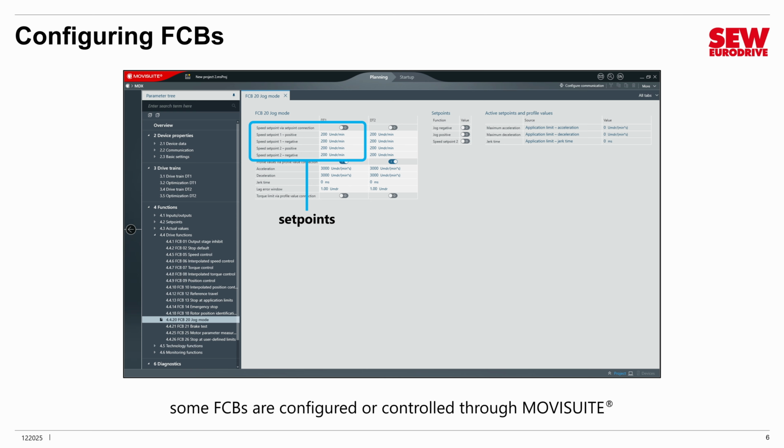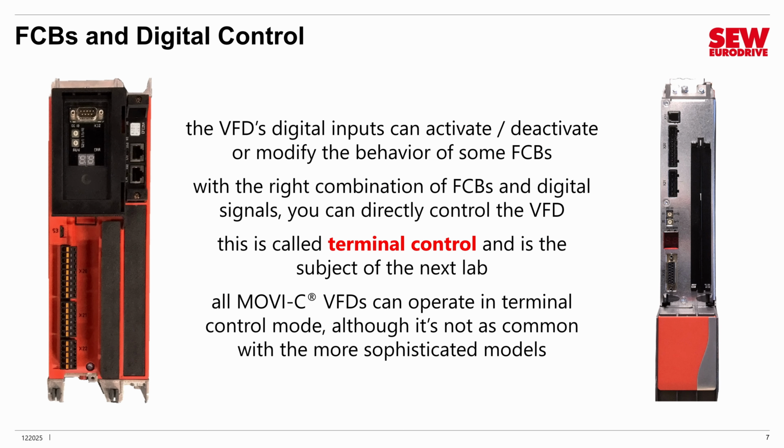You can just type those in as numbers. You can also set profiles, in this case how the VFD accelerates and decelerates when it's jogging. And there are also on-off switches which control which data source you want to look at. Each FCB is a little different though, so maybe take a quick browse through them just to see what you can do with them. Now we're leading up to our next lab.